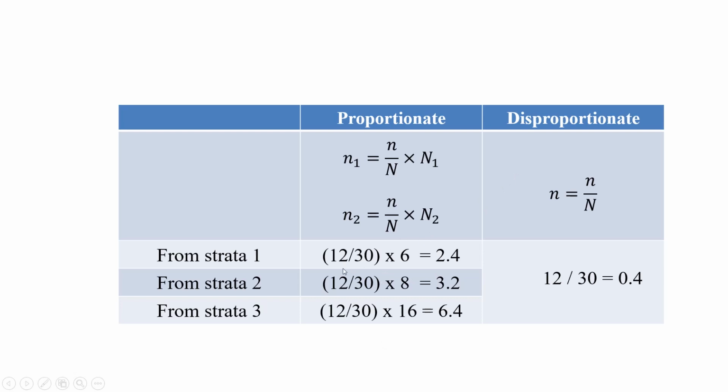We have to select, and the first group contains 6 people, the second group contains 8 people, the third group contains 16 people. So according to the subgroup size we have selected the sample. But in the disproportionate case, irrespective of the population in the subgroup, we are selecting 4 people from each group.